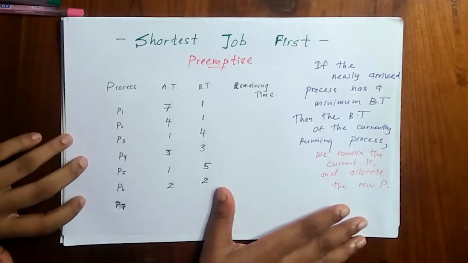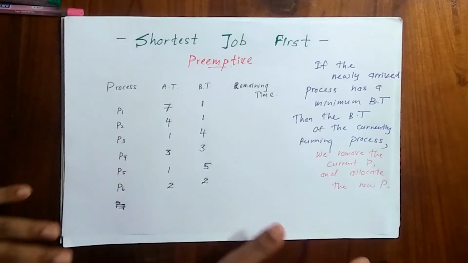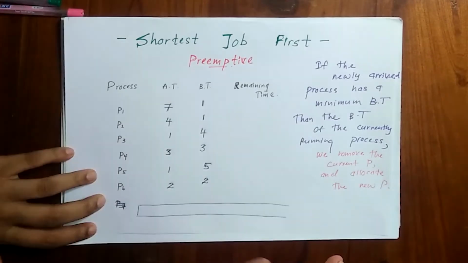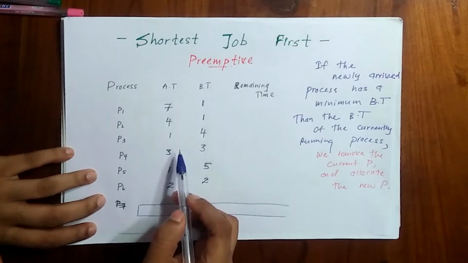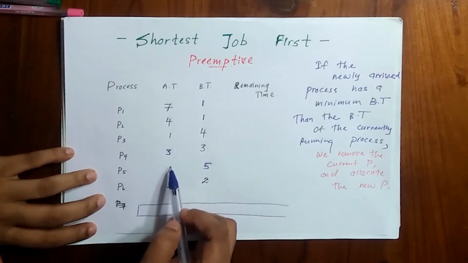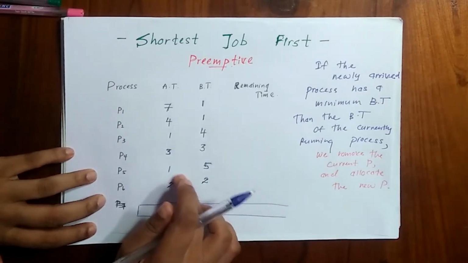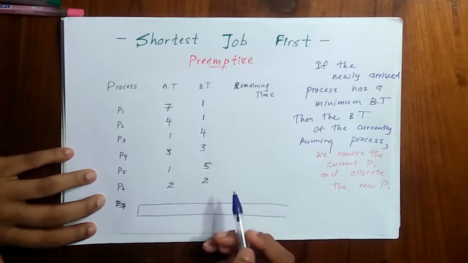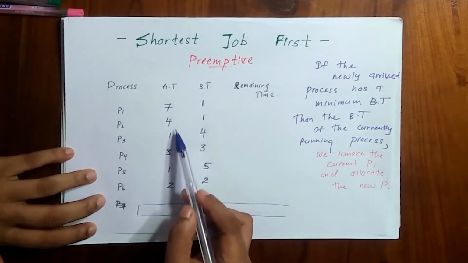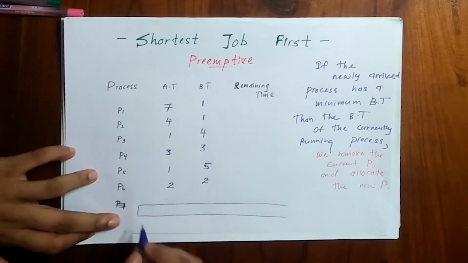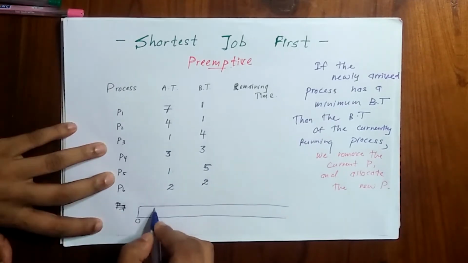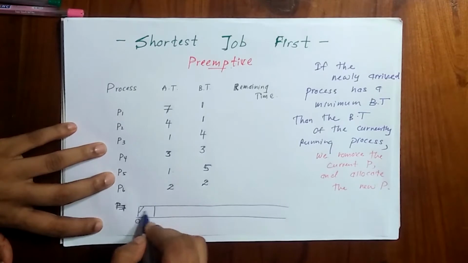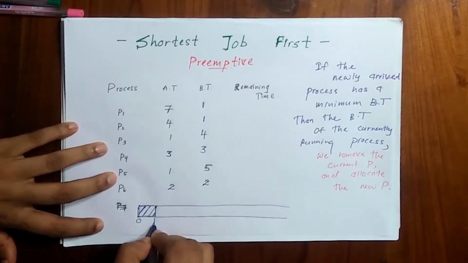So now let's draw the Gantt chart. Here you can see that no process is arriving at 0. That means you have to mark that 1 millisecond in the Gantt chart like this and start from 1.